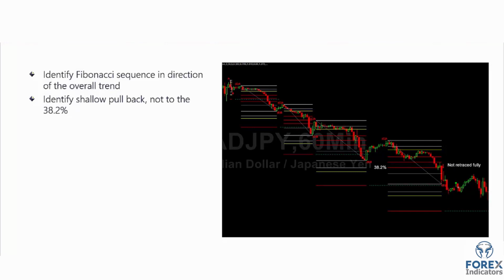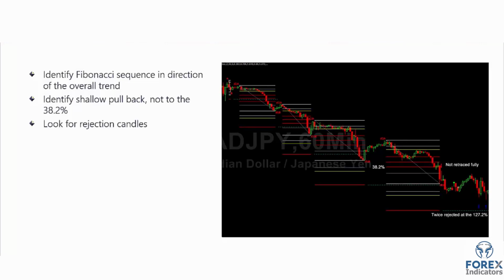If the market doesn't pull back to the 38.2, that's also very useful to us, because that's telling us that the market is very strongly bearish or strongly bullish. So if the market's like that and not pulling back, you could take advantage of it and play aggressively with very tight stops, because the market is very fast.